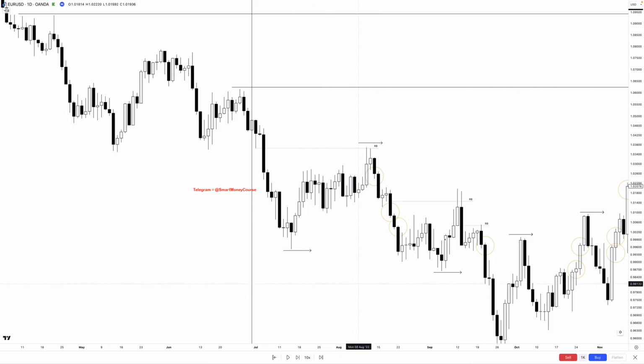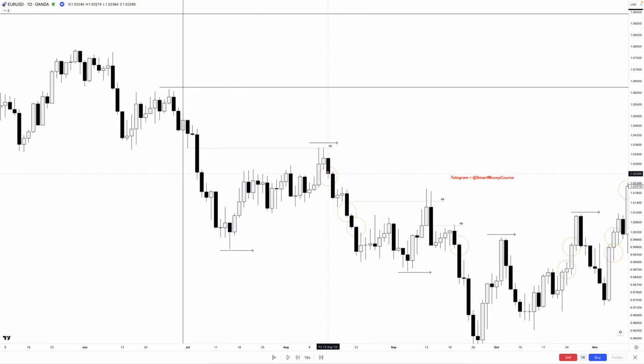These yellow circles are really important to understand. I've highlighted them because this is a key and important bit of criteria for when we're looking for continuations in general, but more so the new continuation model, because this is just structure on a lower time frame. When we see a wick, we see the daily close down here.